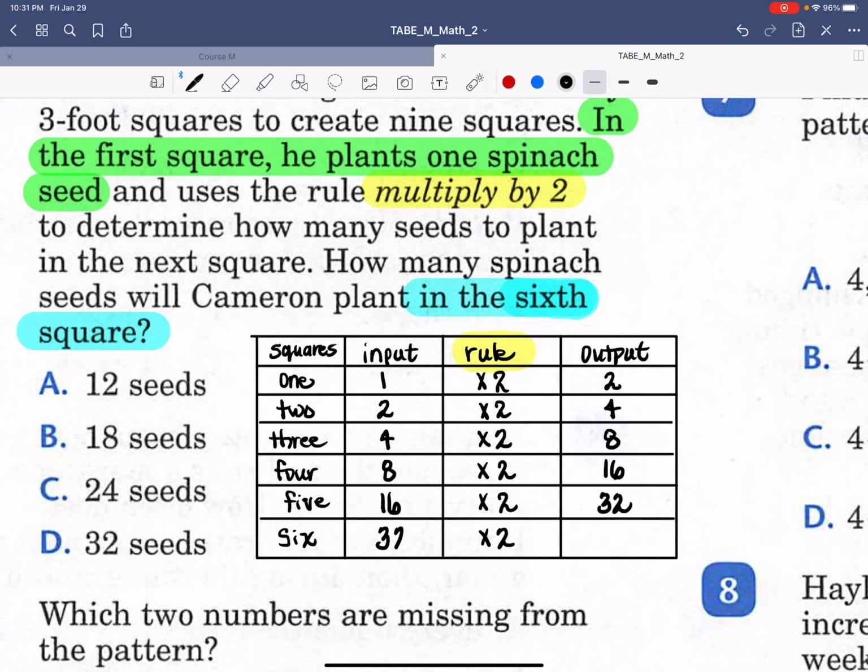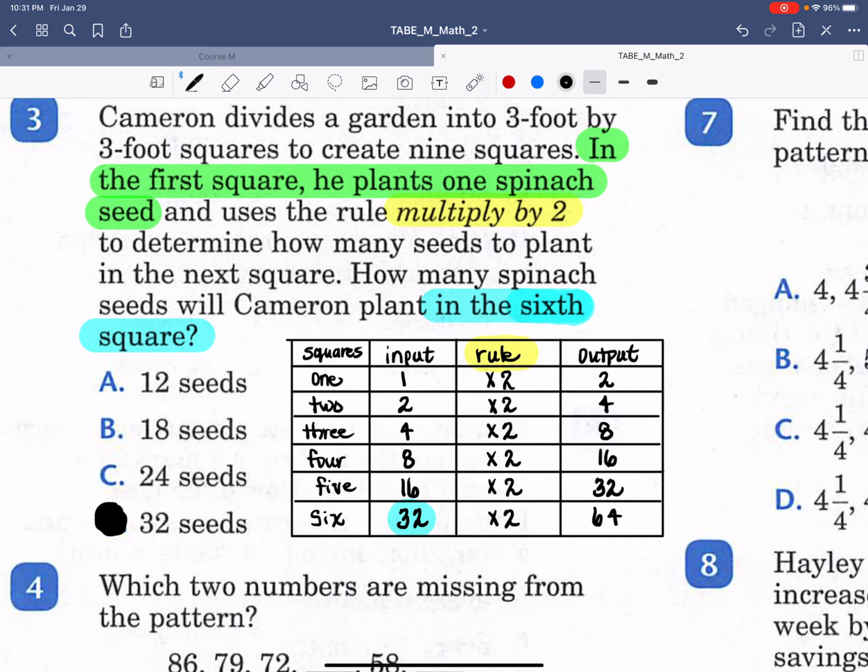And 32 times 2 is 64. But we are looking for what is in, that's the input, the 6th square, and that is the 32. So in square 6, according to this pattern, he needs to put 32 seeds.